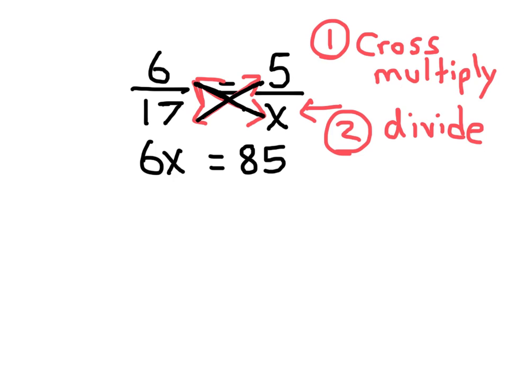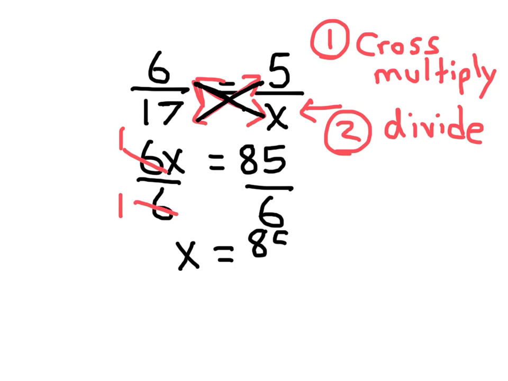Now, the divide part is to undo the multiplication of 6. And by doing that, the 6's cancel. And so I have x all alone, which is what I want. And then I have my answer of 85/6, and I just leave that as an improper fraction.